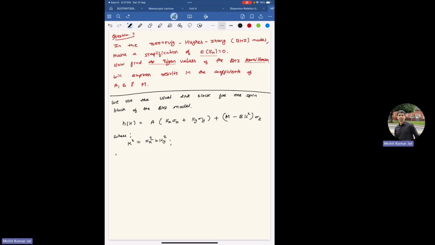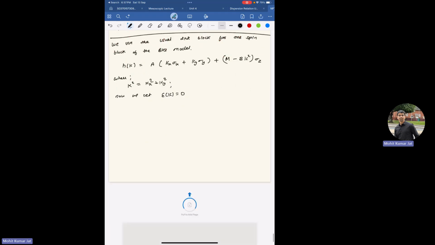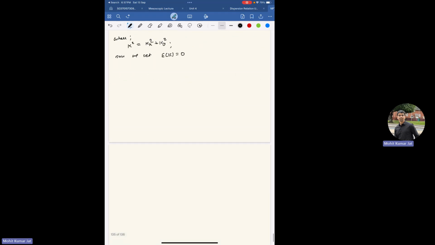And now we set E(k) equal to 0 as given in the problem. So this is of the form H(k) equals d(k) dot sigma, where d is (A kx, A ky, M minus B k squared), and sigma is the Pauli matrix.